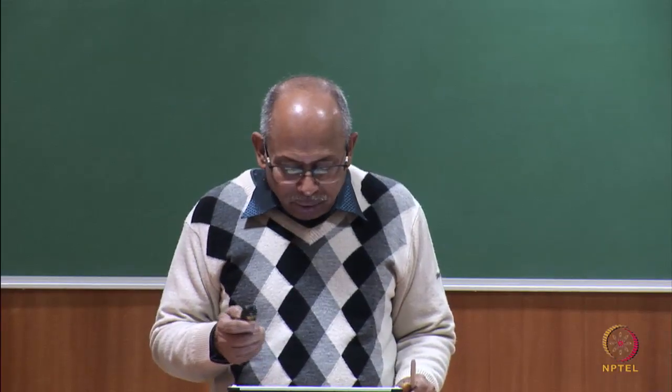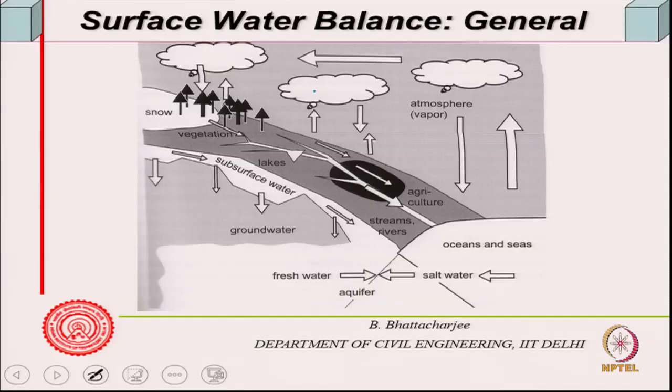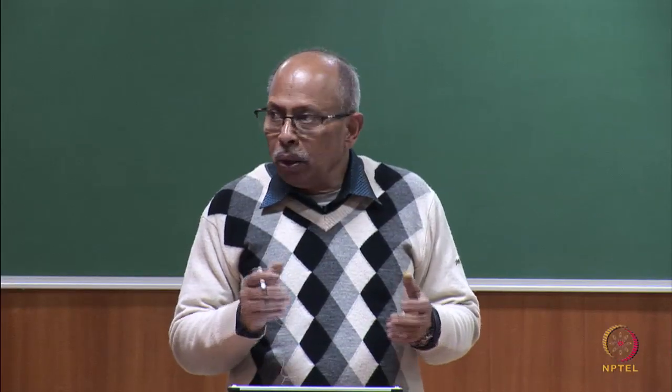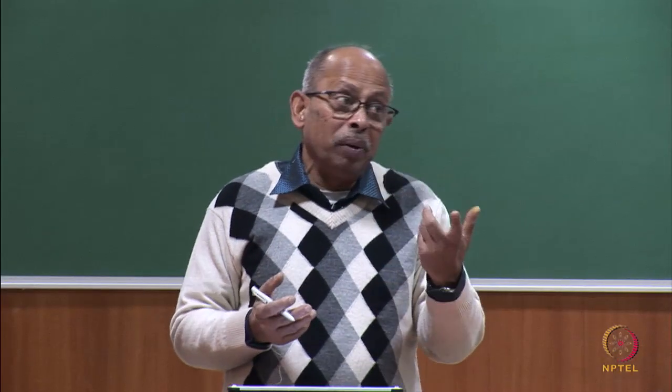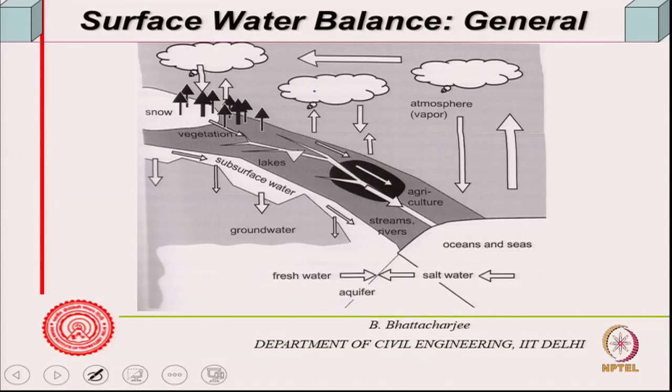Okay, quickly the last part of our discussion is surface water balance, a few slides. Because you do water harvesting, you would like to utilize the water as much as possible, as in the very first slide that I showed you. If you see the surface water, these are the streams or rivers, this is the rain, precipitation or snow that could be melting and rivers coming in.